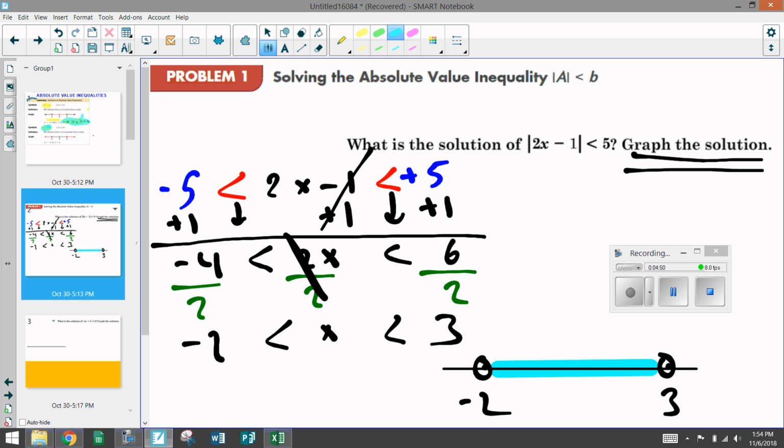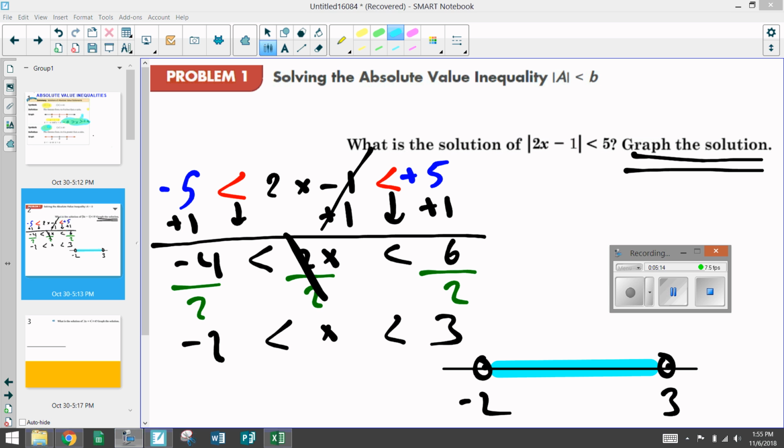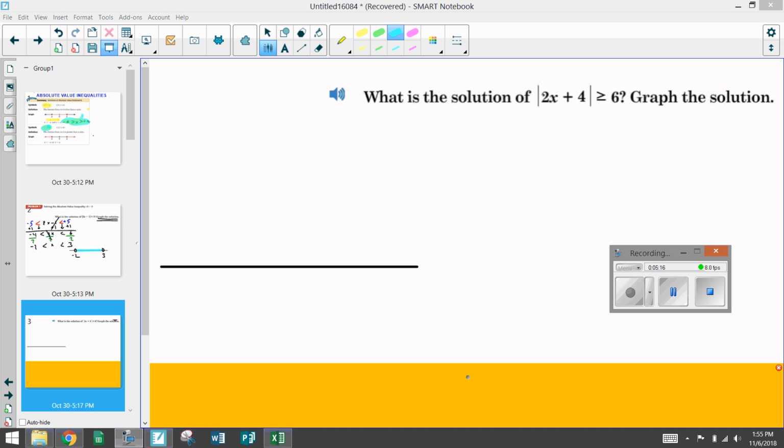Let's close this one. What do you read? x is less than 3. So is that right? Less than 3 and greater than -2. So that's why we shade in between.